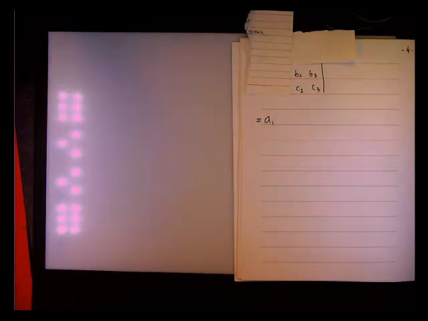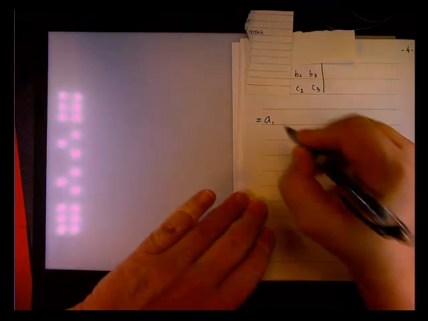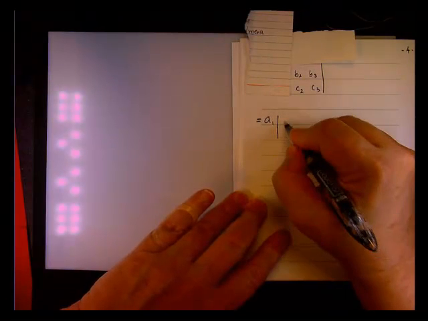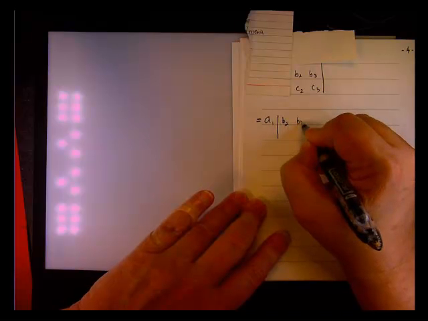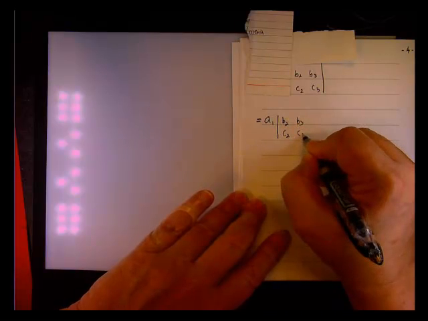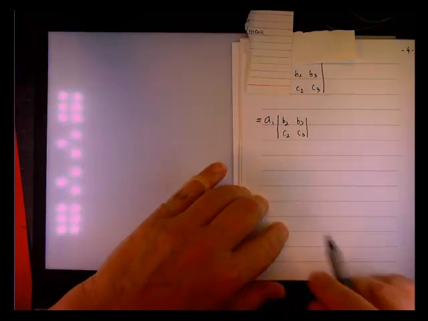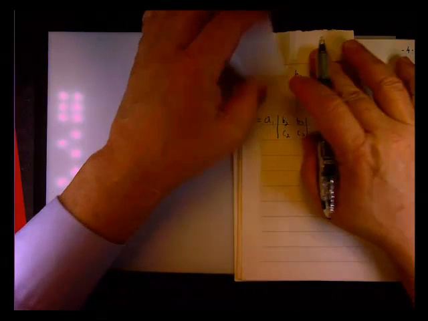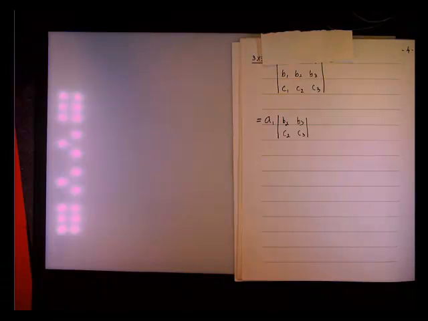Basically, we take a 3 by 3 or even higher, and we reduce it until we have a 2 by 2. The 2 by 2 corresponding to A1 will be B2, B3, C2, C3, and we know how to calculate it.